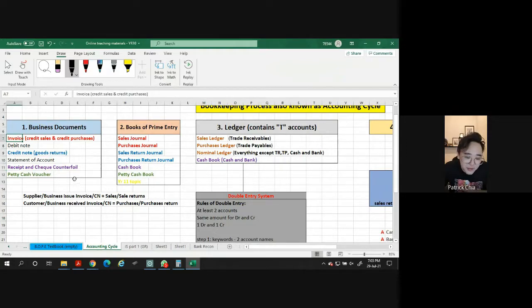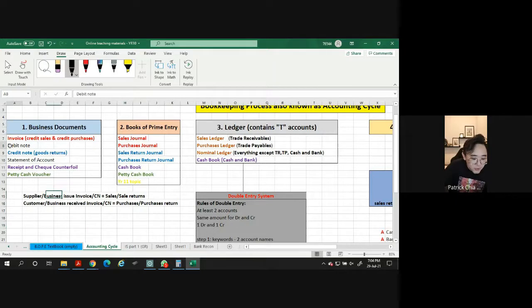Invoice, red color. So red color is either sales journal or purchases journal. So it depends on, are we the seller or are we the buyer? So it depends. Are we the one who sends the invoice or are we the one who gets the invoice? So that's the difference. Okay. So if you are sending, you're the seller, you give people the invoice, that means we go to sales journal. If I receive, that is purchases journal. Okay.